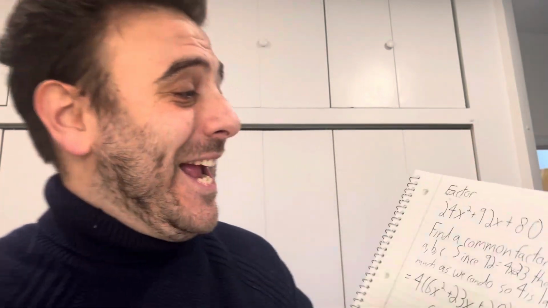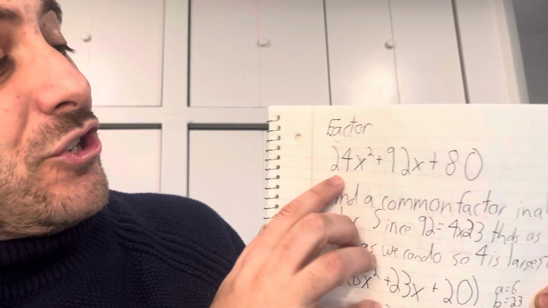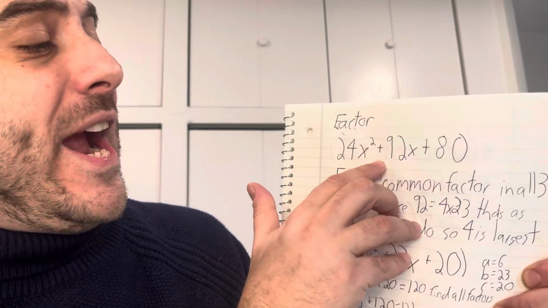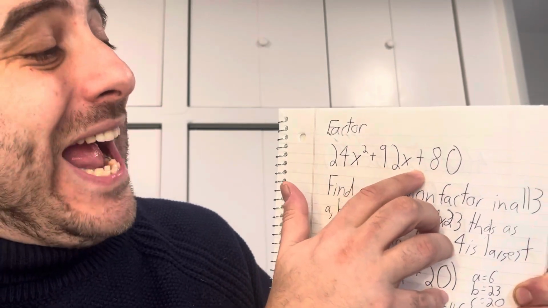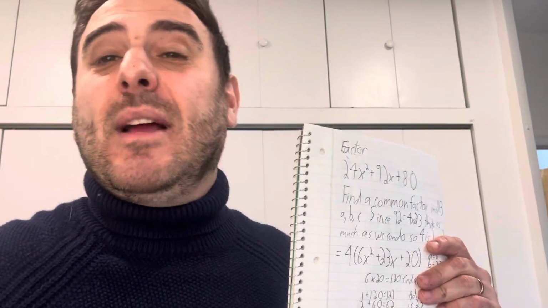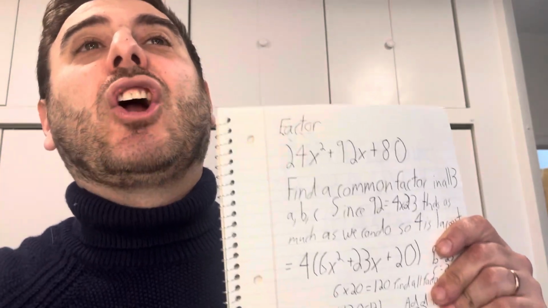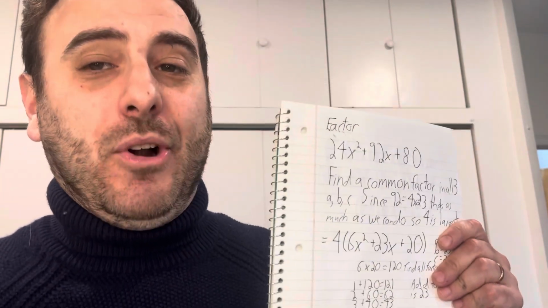Hi, back again. In our fifth and final example, we are going to be factoring 24x squared plus 92x plus 80. All right, this is what I was talking about earlier where I said the reason we factor is because we're starting to get bigger and bigger numbers.